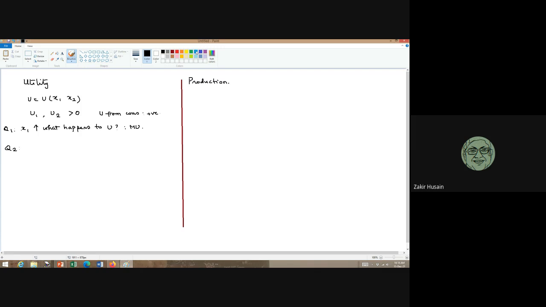So the answer is utility will increase, which implies marginal utility is positive. Okay. So the second question is that, okay, if I increase utility, what will happen to marginal utility?